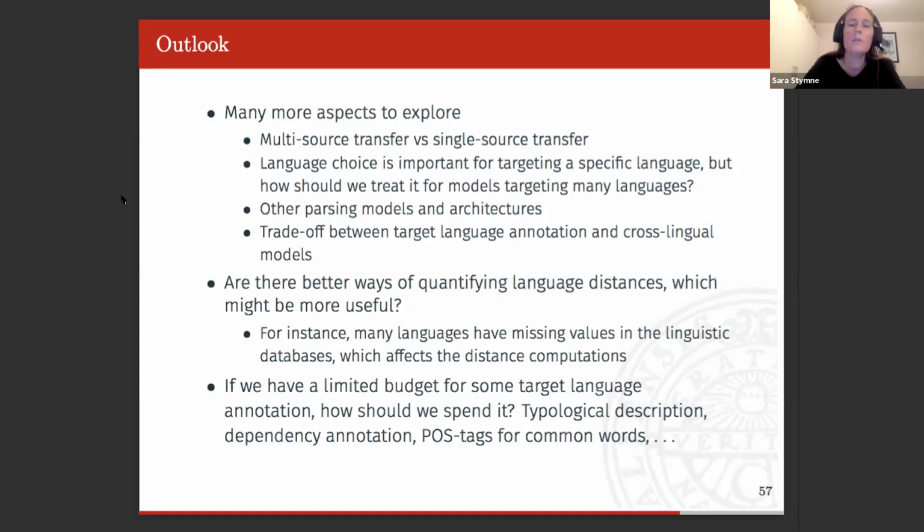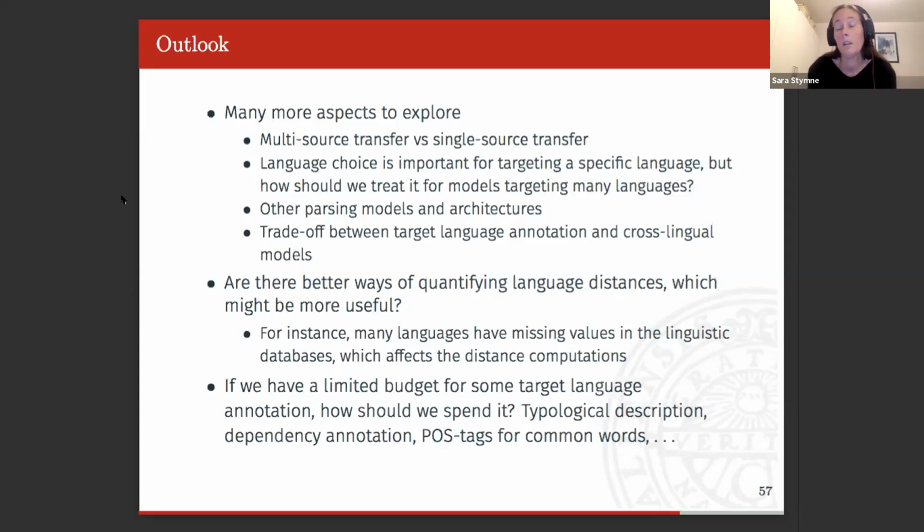Another line of work would be to find better ways of quantifying language distances. We had the question about morphological features, for instance, which is probably a useful thing. One issue with these linguistic distances is that they're based on linguistic databases, but for many languages there are missing values, which of course would affect these distance computations.